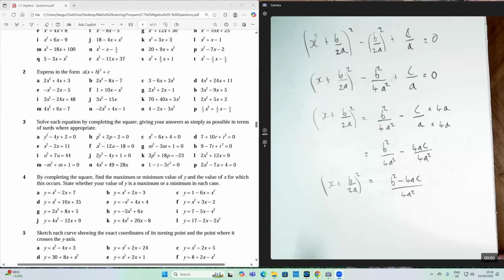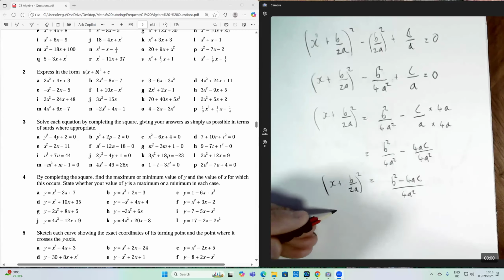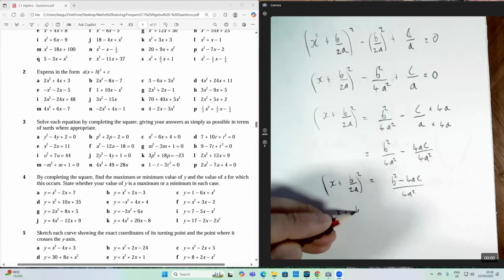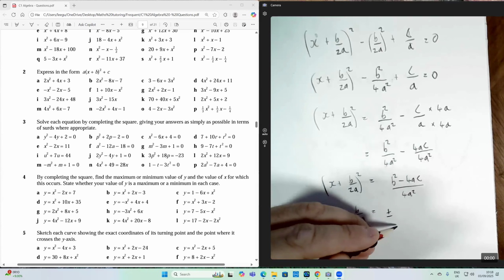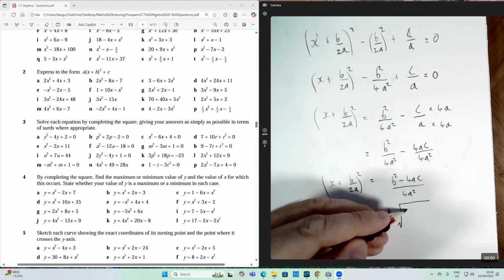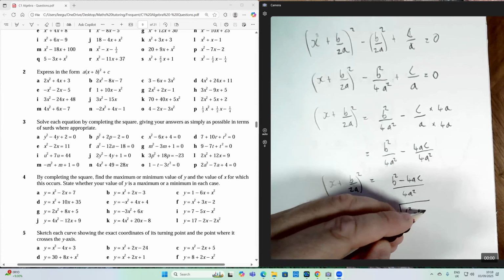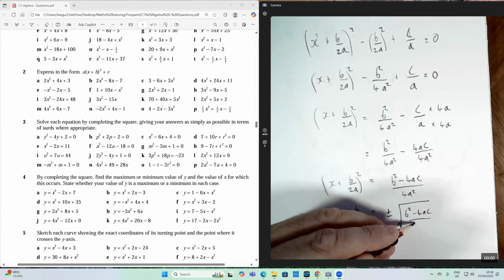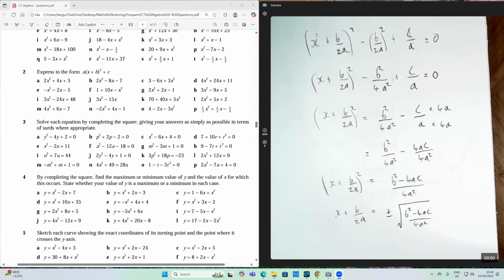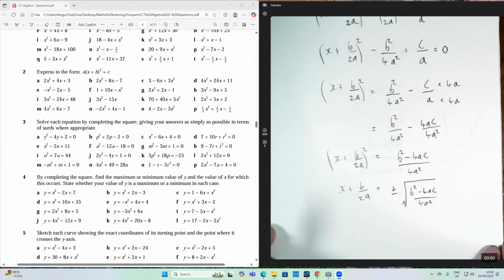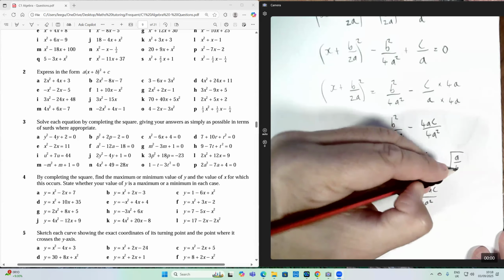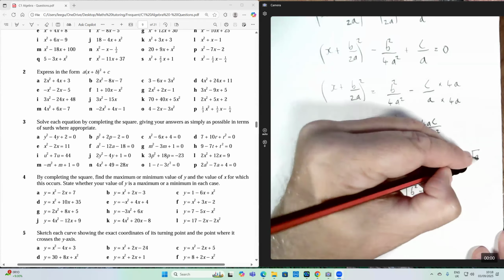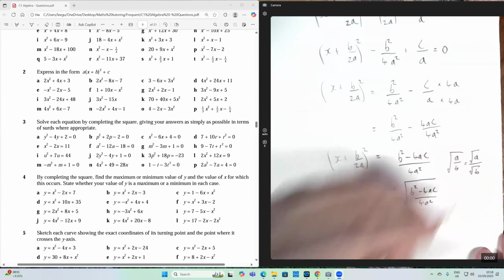I'm now going to square root both sides. So x plus b over 2a is equal to plus or minus the square root of the whole thing, b squared minus 4ac, all over 4a squared. Now, using the laws of surds, you may remember that root a over b is the same as root a over root b.